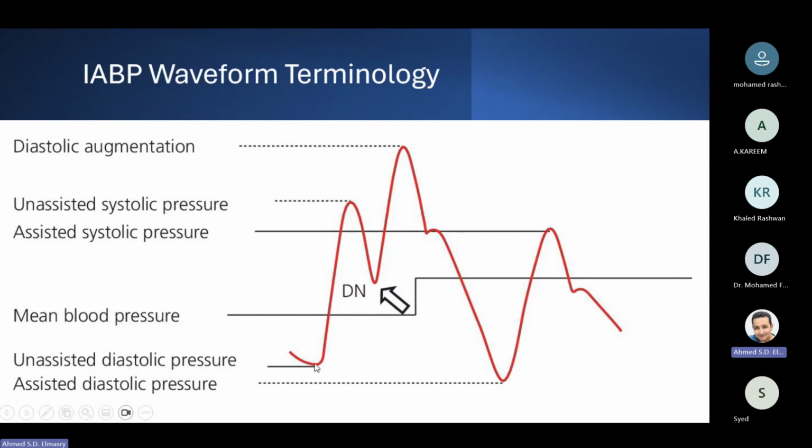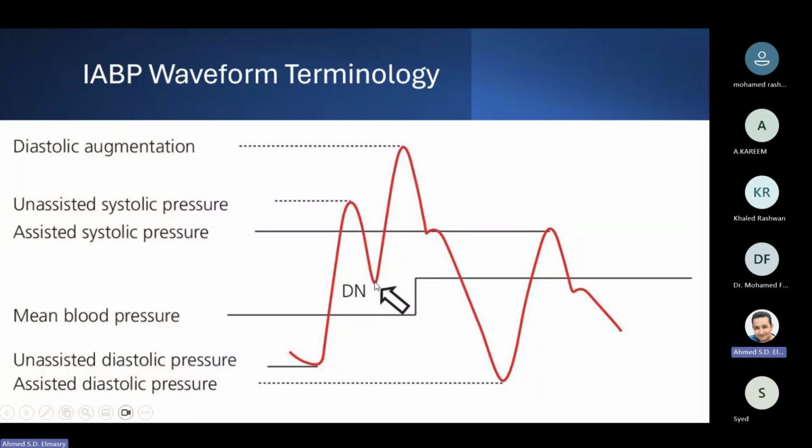So you will get here the beginning of the cycle, the unassisted end diastolic pressure, then systolic upstroke, then you will reach the unassisted systolic pressure, then systolic decline, then you will reach the dicrotic notch.